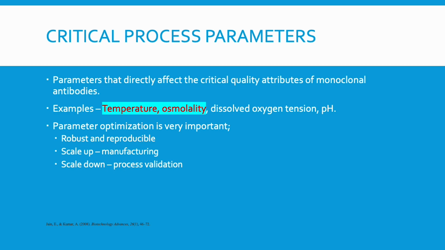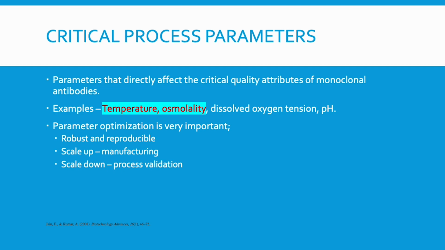For example, the cell culture media, the nutrient feeding, temperature, osmolality, dissolved oxygen, and pH. Therefore, it is very crucial to optimize these parameters to ensure a robust and reproducible process. As we know, manufacturing processes are run a number of times to fulfill the market demand.